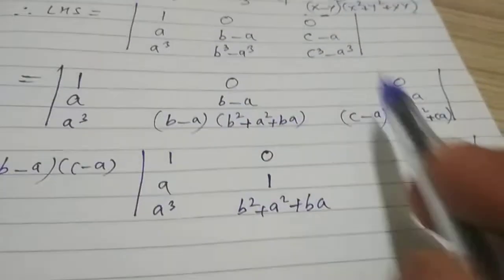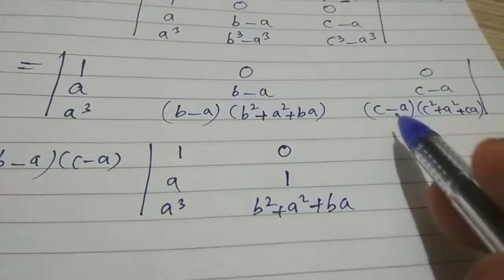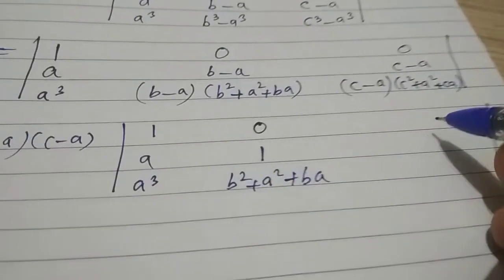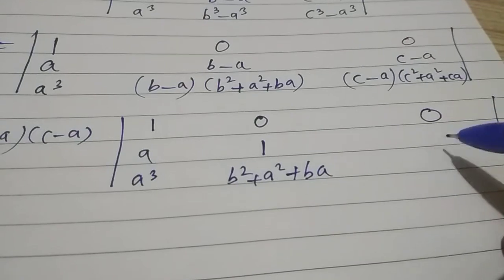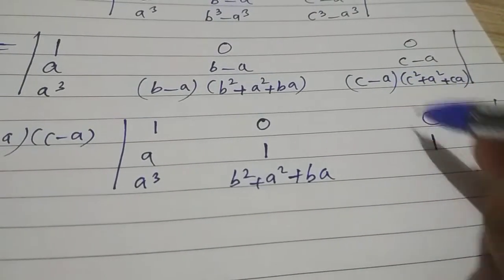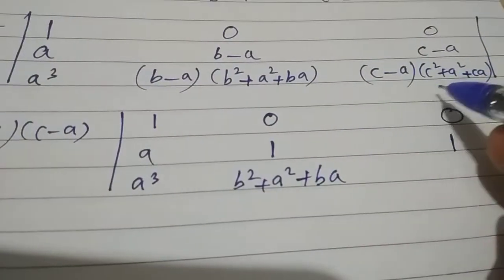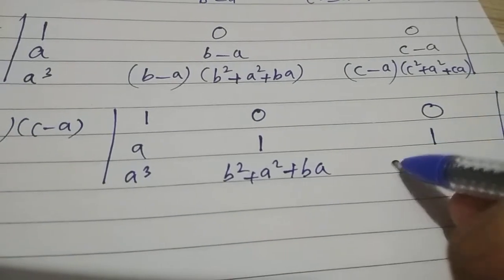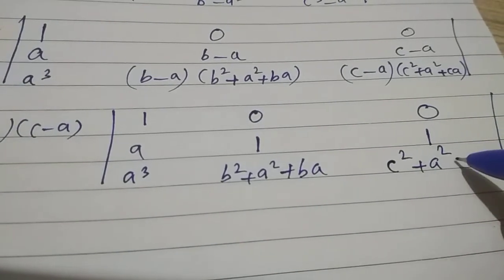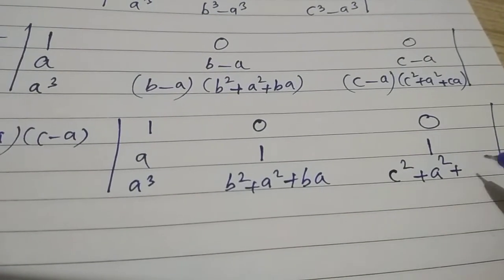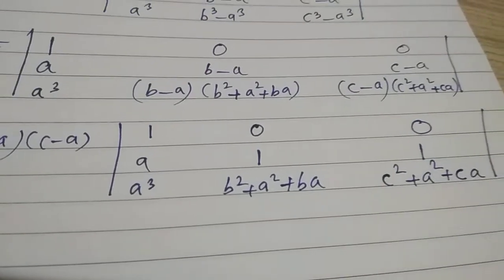Now c cube minus a cube. Again c minus a has been taken out common, so the 0 element remains, here 1, and in this particular entry only c square plus a square plus ca will be there.